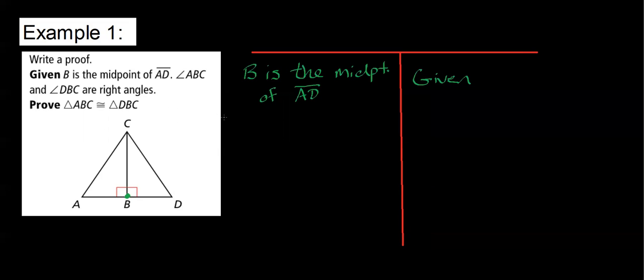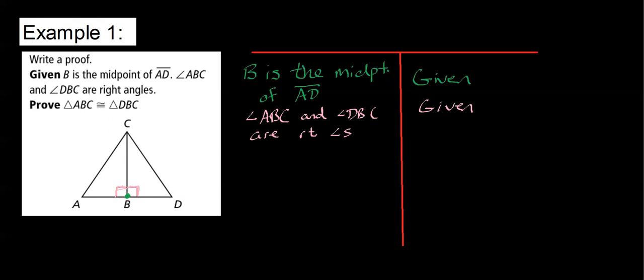And our second given is that angle ABC and angle DBC are right angles. And that is also given to us. And we can see these are marked right here. So this is angle ABC and angle DBC is right here.